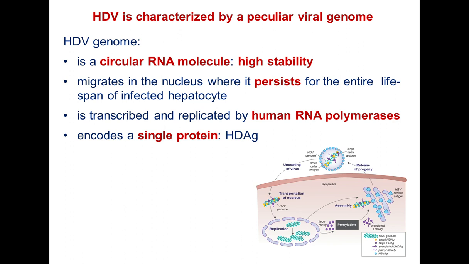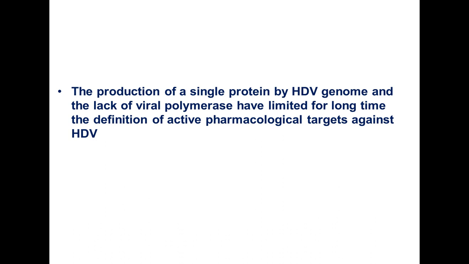Furthermore, the HDV genome encodes only a single protein that is defined as delta antigen. The production of a single protein by the HDV genome, and particularly the lack of viral polymerase, have limited for several years the identification of effective pharmacological targets against HDV.